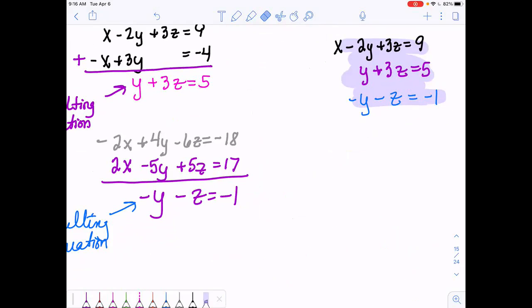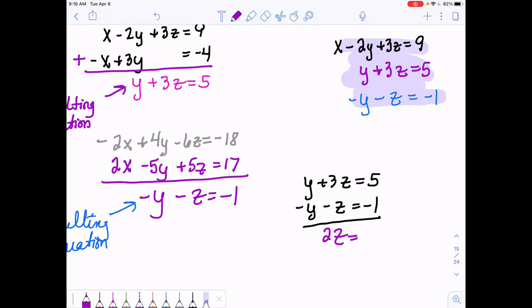Yeah, we can add them. So we can take the resulting equation, y plus 3z equals 5. -y minus z equals -1. Those are my results. And add them together. And when you do that, Parker, what do you end up with? Yeah, you're right. So we end up with 2z equals 4 or z equals 2.